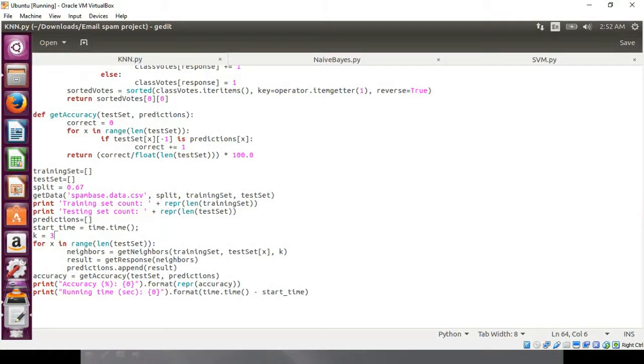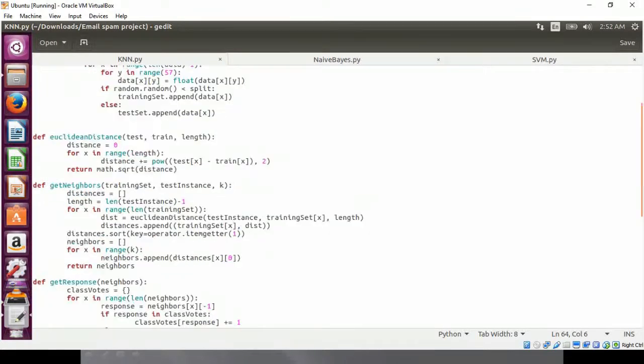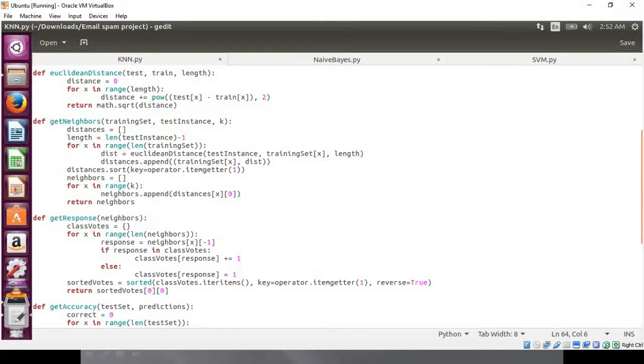So using the get neighbors algorithm, we are able to do so. Here is the get neighbors algorithm. So we calculate the Euclidean distances from the test set towards all the training set in k distance around it.